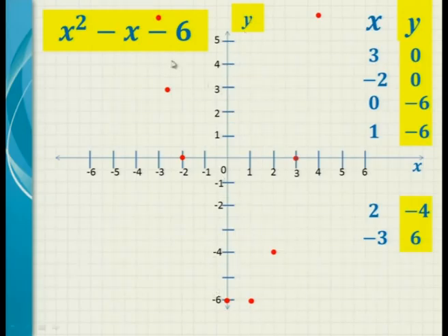And now I can plot for different values of x. I can put little dots there. There's another one. There's another one. And here between -2 and 3, I'm adding all the values that I could calculate in here. And can you see, if I keep adding more and more little dots, eventually this looks like a line.